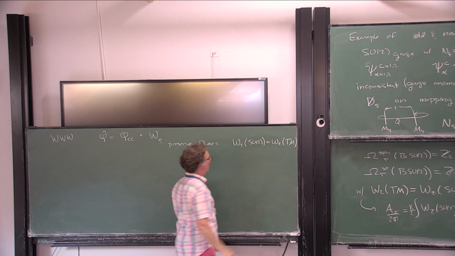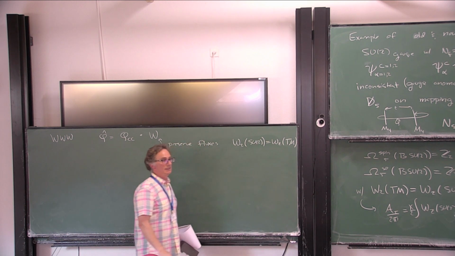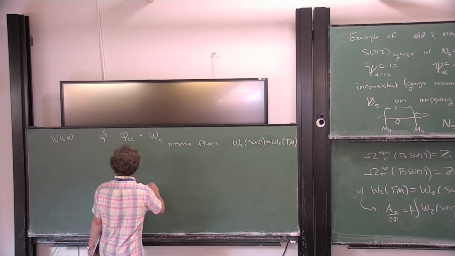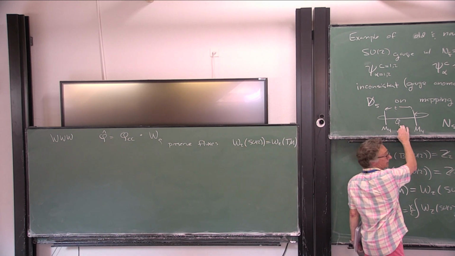So if the tangent, and if the geometry is CP2, this thing is non-zero, and so there's some fluxes in this SU2. And so this is some kind of symmetry of the theory, and you can look at the mapping torus on this.